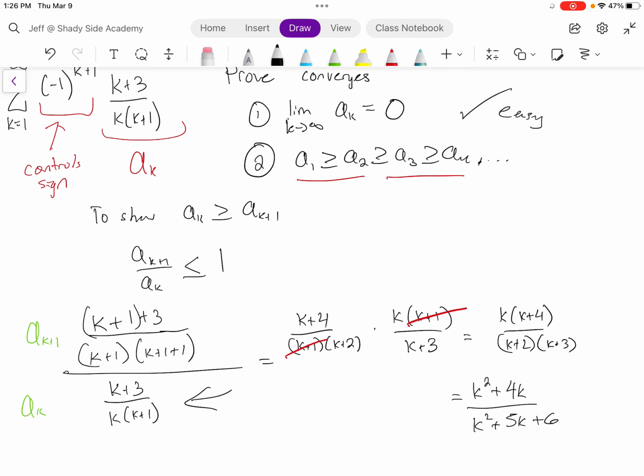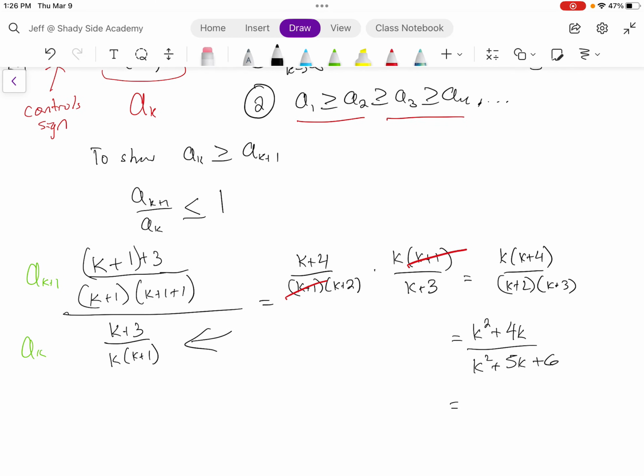And that made us pretty happy, right? Because we have this notion that the bottom is going to be bigger. But why can we say that? Well, we can say that because k is always a positive integer. Maybe if k were negative, these things might interact a little bit differently here. But we do know that k can't be negative.